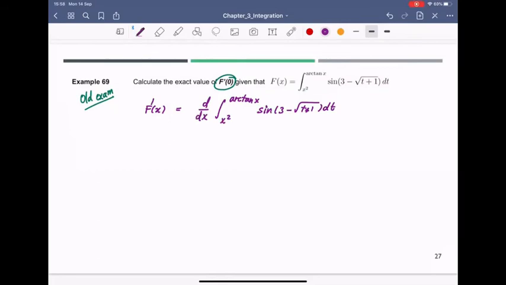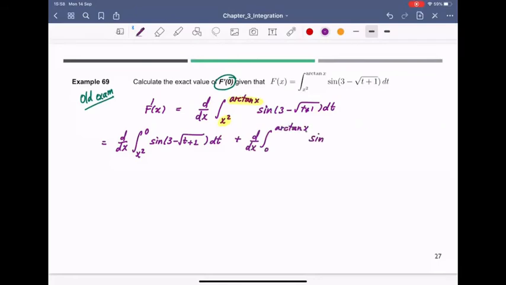And then, as shown before, we should split it into two pieces. Because here we have x squared to arctan x, I'm going to integrate x squared to 0 first, and then I am going to integrate 0 to arctan x.